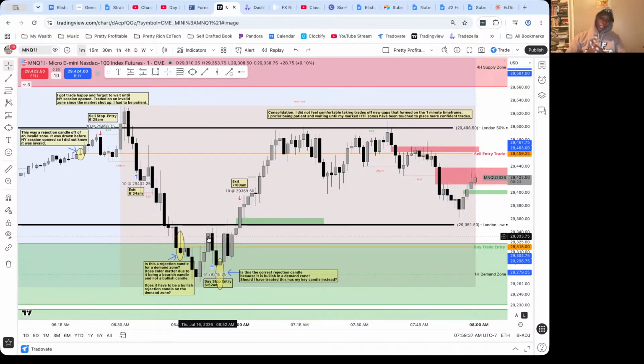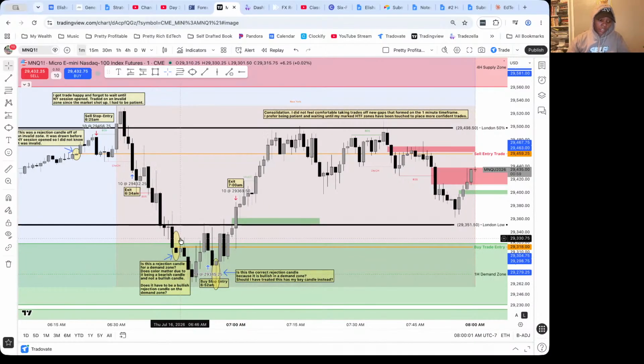So the only thing that I was kind of uncertain about was, yes, it's a rejection candle, but does the rejection candle have to align with the zone? Meaning, this is a rejection candle, but it's a bearish rejection candle.